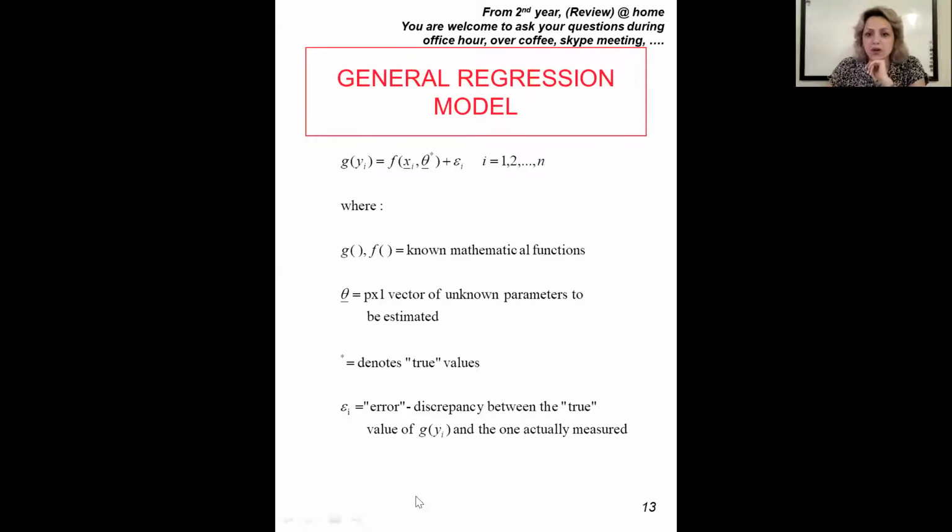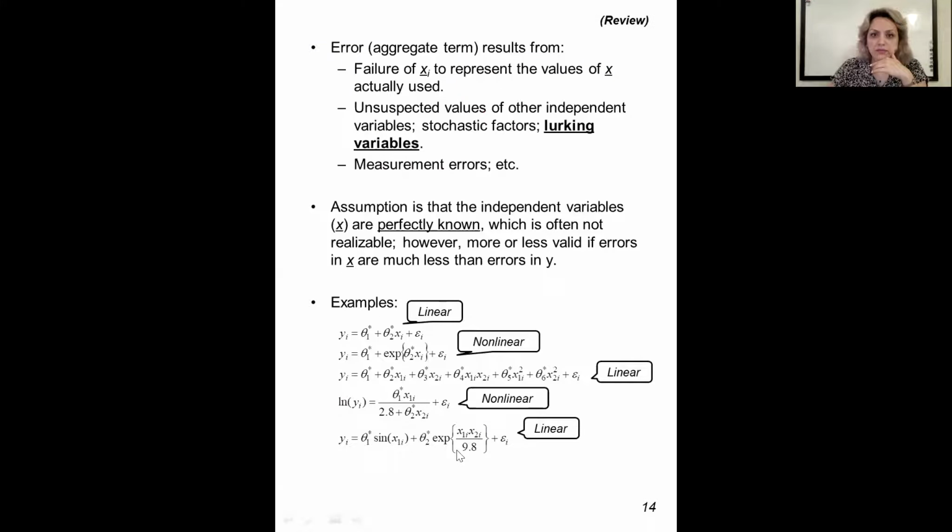Epsilon is error. It is whatever deviation you have between the true value and the prediction or expectation from this model. That's the error.